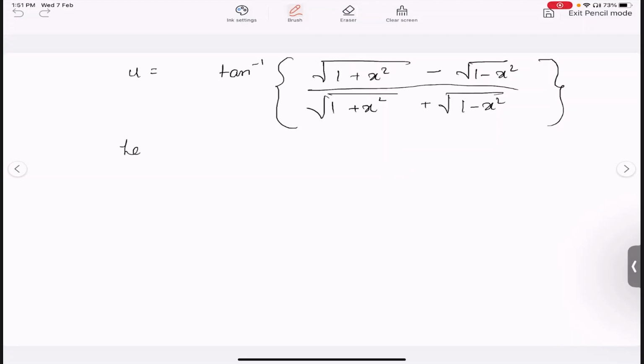So let x square be equal to cos 2 theta.